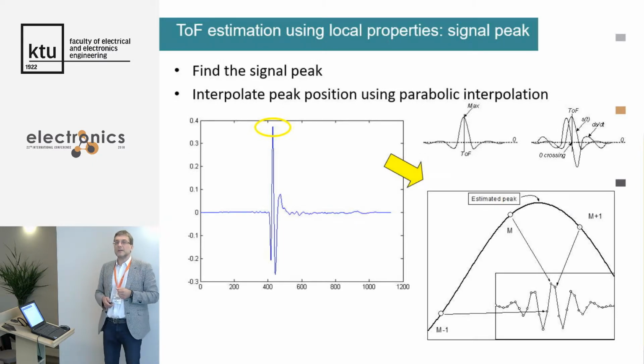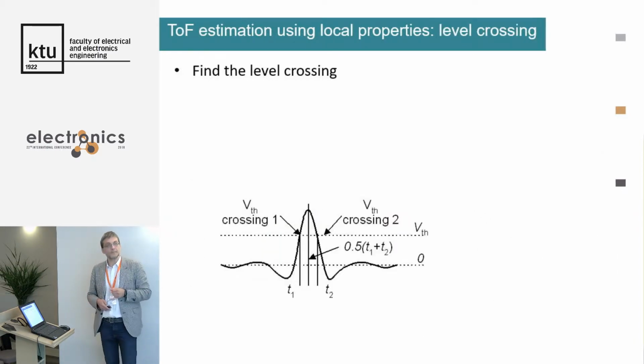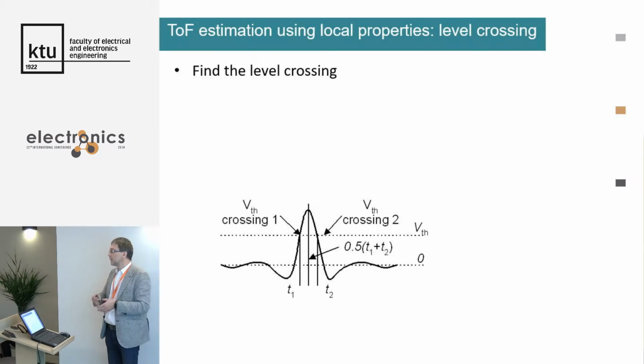Of course, if it is digital, then you need to interpolate between those measurements somehow. Then this means that you need to measure several values around the peak. Another approach, still local properties, used to be almost 90%, but with the years running, everybody is discovering that these techniques are not optimal.